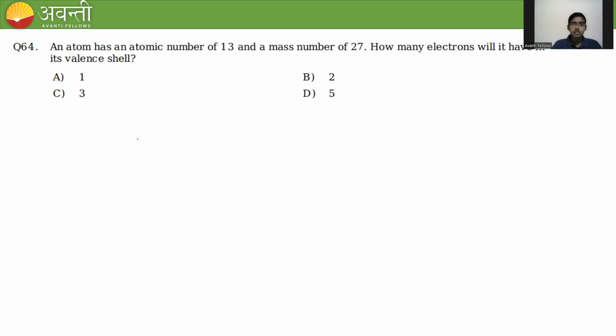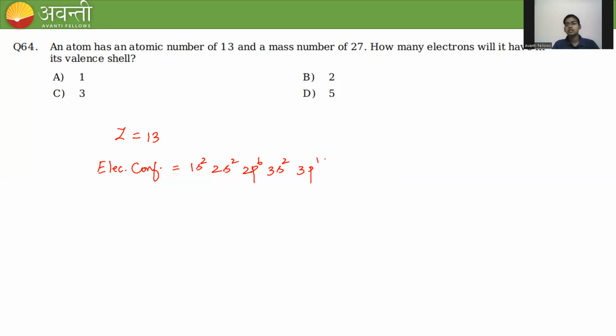So in its valence shell, we need to find out the number of electrons present. The atomic number of the element, that is atomic number Z, is 13. Then the electronic configuration of that particular element will be 1s2, 2s2, 2p6, 3s2, 3p1, right?